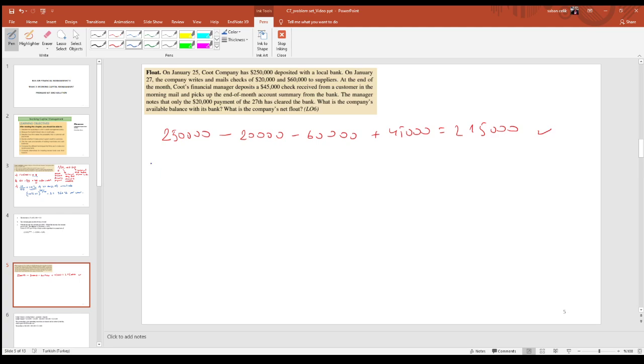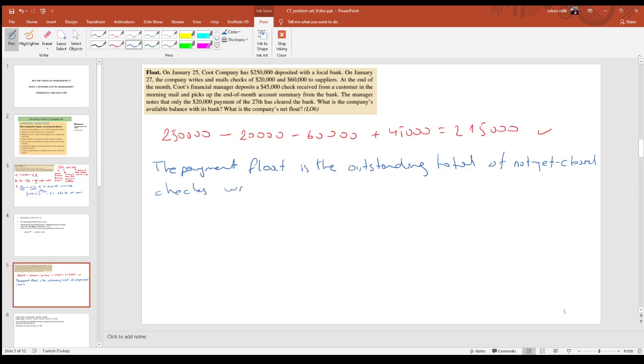So the second part, the payment float, is the outstanding total of not yet cleared checks written by the firm.